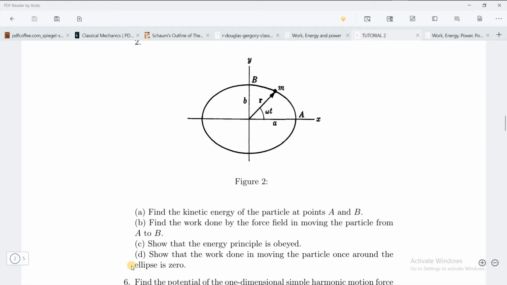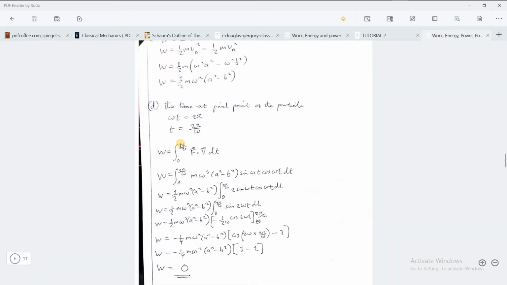Question B is telling us to find the work done by the force field in moving the particle from point A to point B. Alright, let's look at the solution and see how it is done.